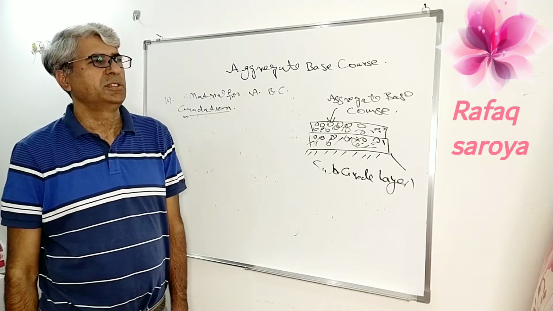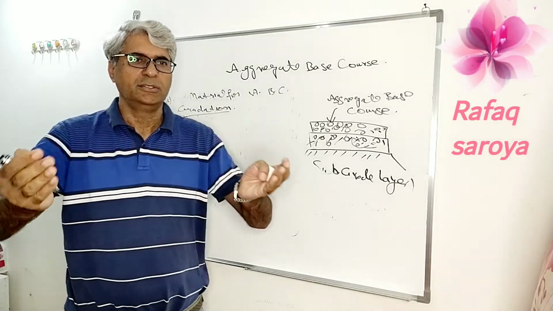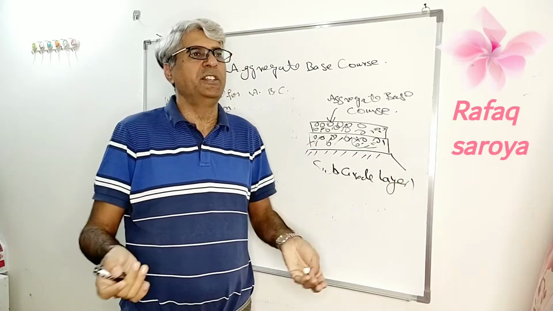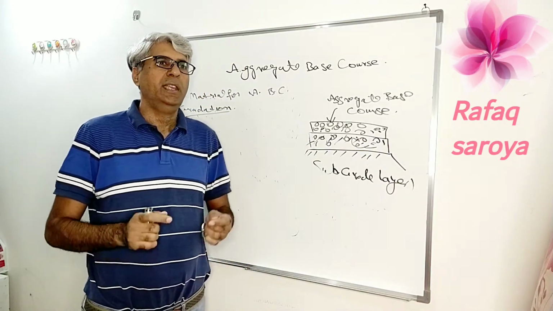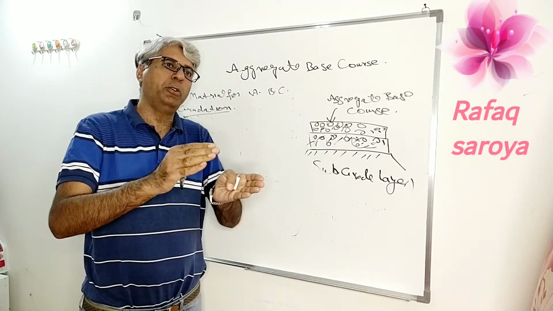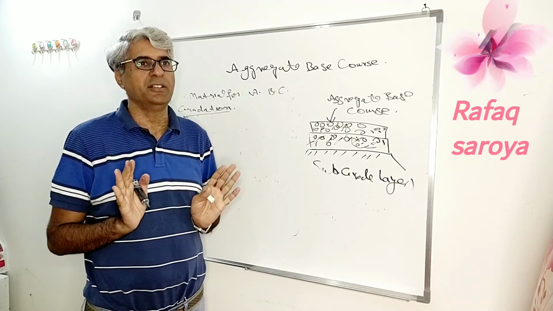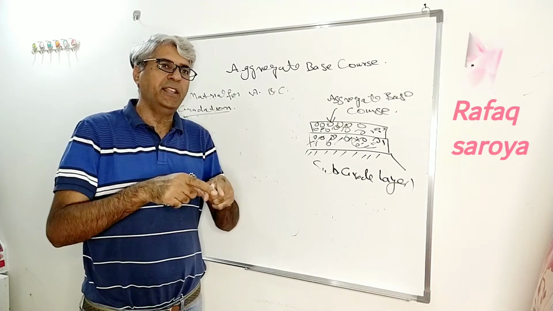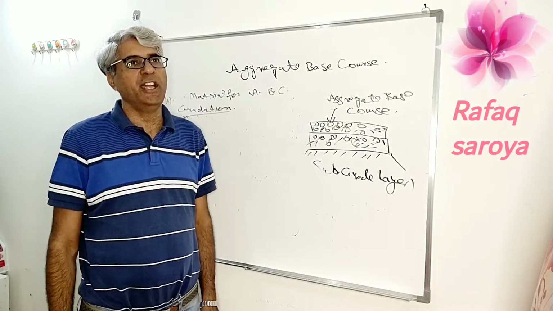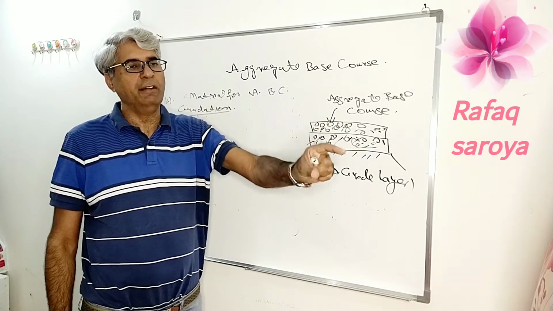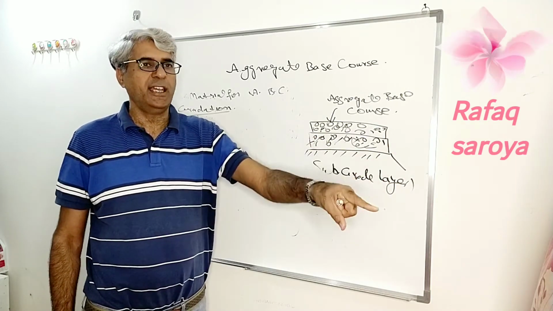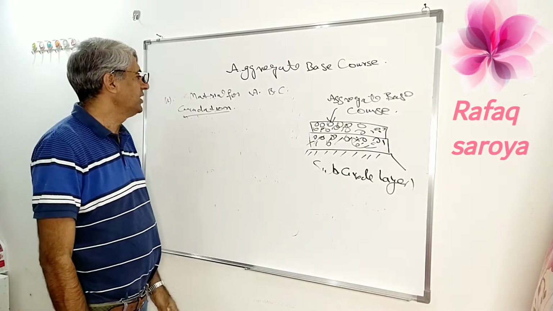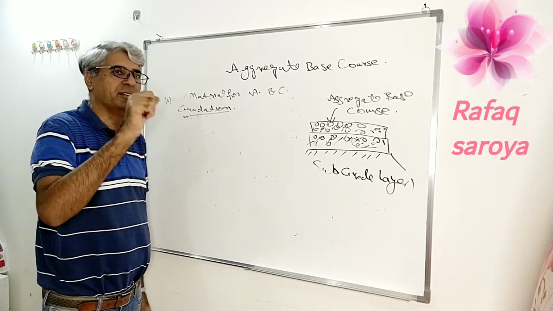Now, whenever you are working on any projects, every project related to the road has its own technical specification. And every project, when you go through the drawing, every cross section of the road will show which type of material you have to use, and the gradation will be mentioned.